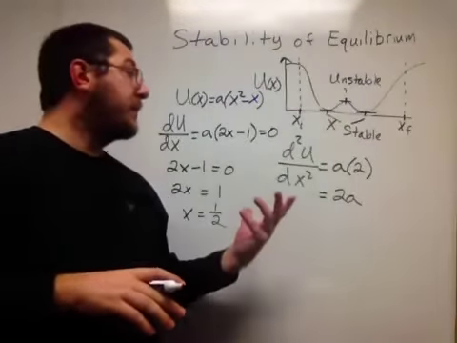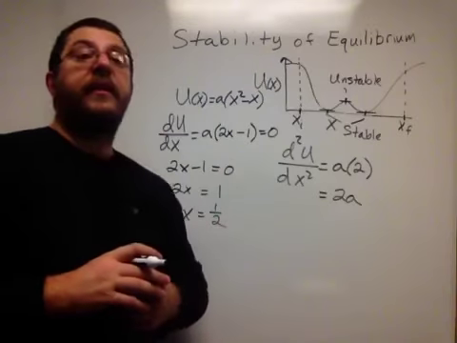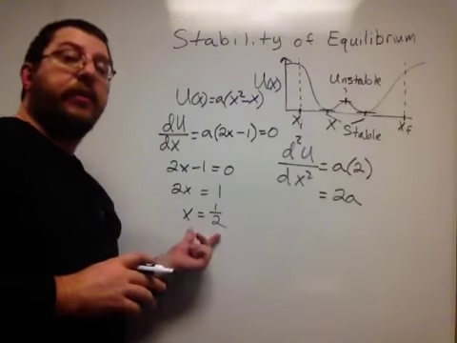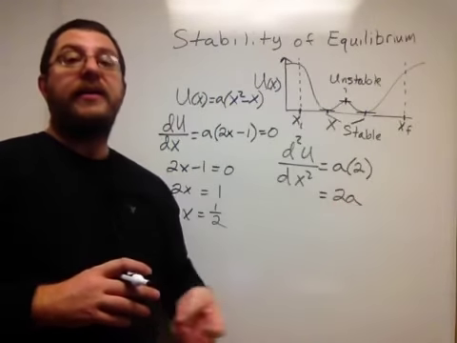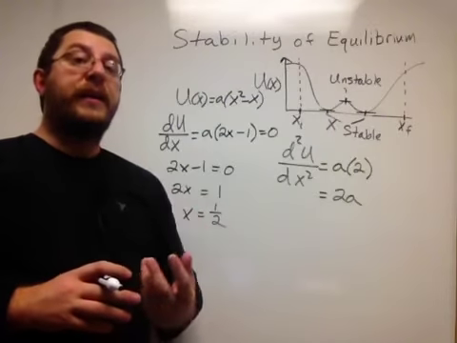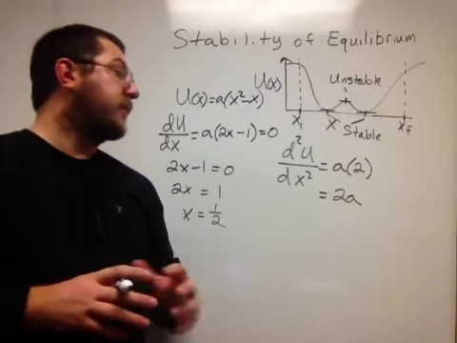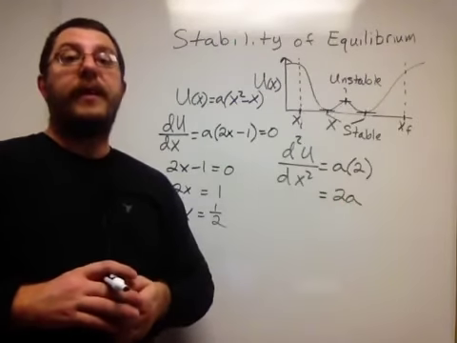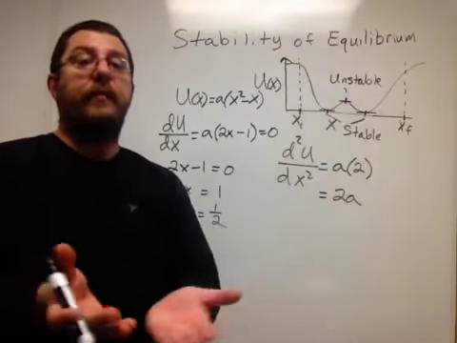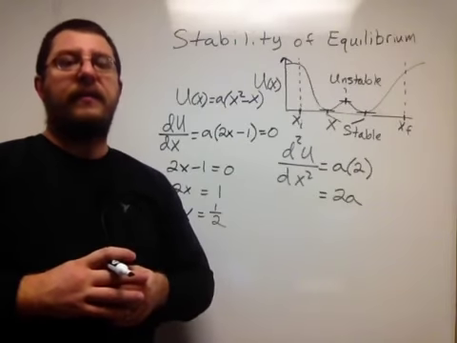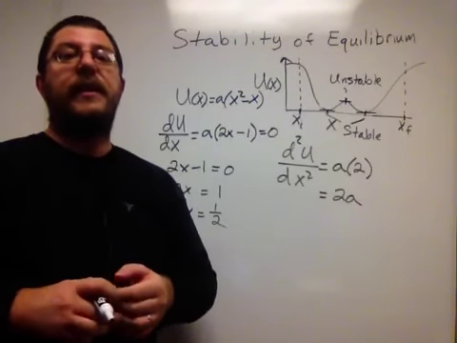Now in this case, because x disappeared from our second derivative, we can't actually plug this value into this function, but what can we say about it? Well, if we assume that a is a positive constant, and I should have mentioned that explicitly at the beginning, then this quantity is going to be positive, and therefore it's going to be stable. So this is the region at the bottom of a bowl. And in fact, if you actually plot this function for some arbitrary a, x squared minus x, you'll find that this is indeed a stable equilibrium.